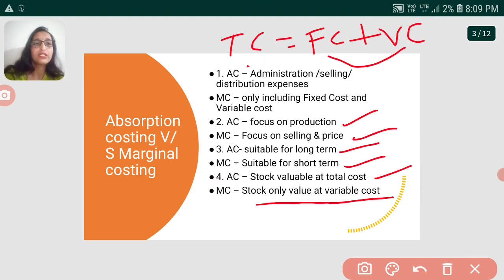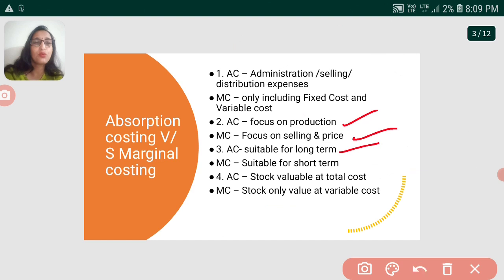Is it clear? Absorption cost includes administration, selling and distribution overhead expenses, but marginal costing includes only fixed cost and variable cost. Absorption costing focuses on production, while marginal costing focuses on selling and price. Absorption costing is suitable for the long term, marginal for the short term.